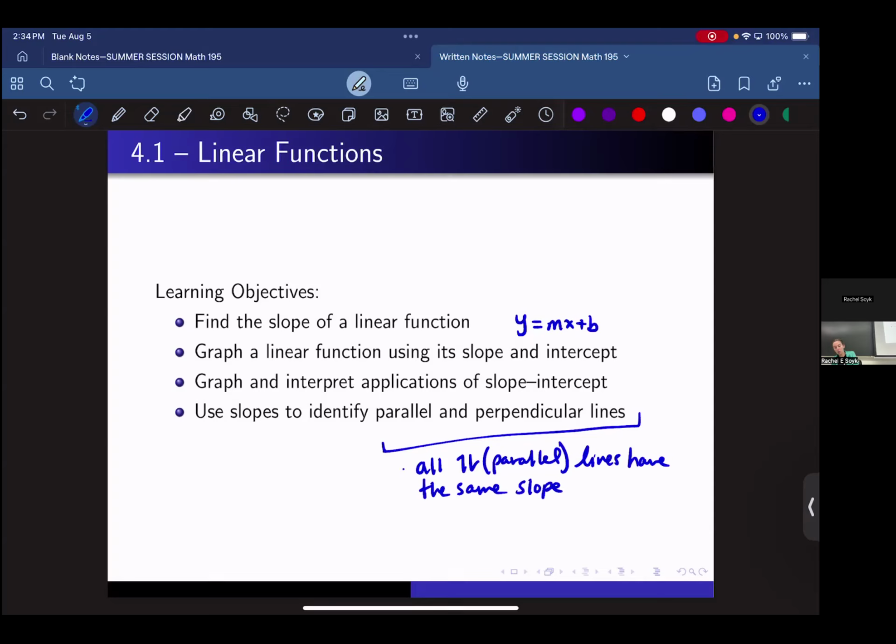Whereas all perpendicular lines, this is the short script for perpendicular, upside down capital letter T, to represent right angles, form right angles. I guess you learned that from your geometry class. Well, all perpendicular lines also have what's known as negative reciprocal slopes.